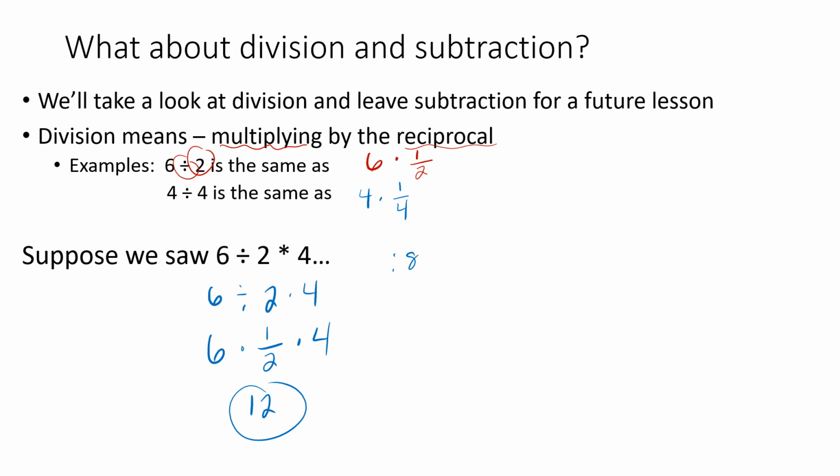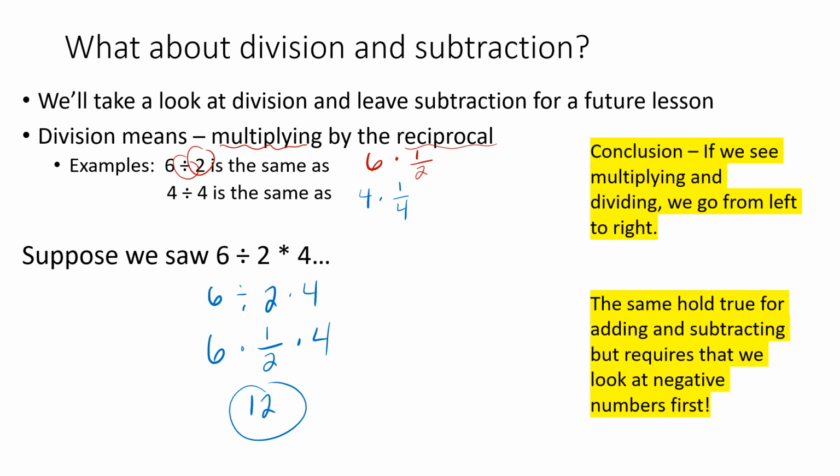So what this tells us about multiplication and division is that if we see multiplying and dividing, we go from left to right. So we would do 6 divided by 2, which is 3, and 3 times 4 is 12. That will give us what we know is the correct answer. If you do the multiplication first, you will end up somewhere else.